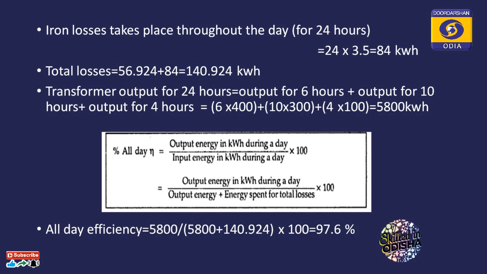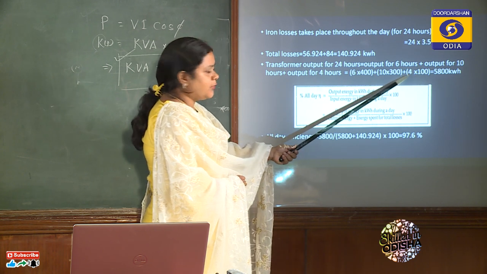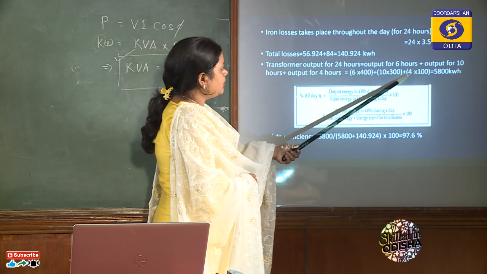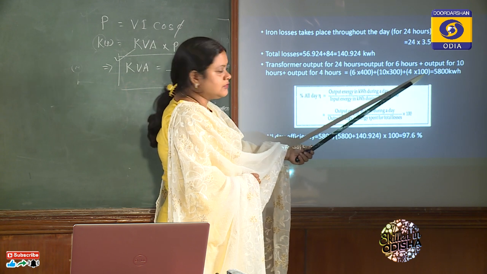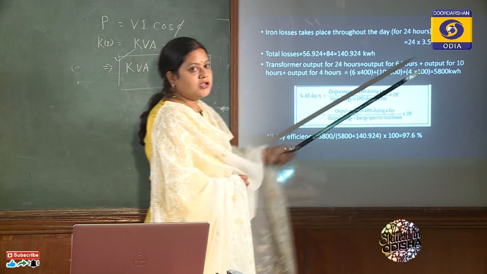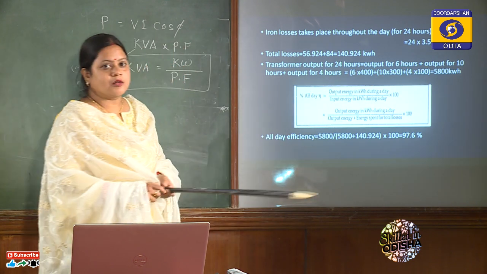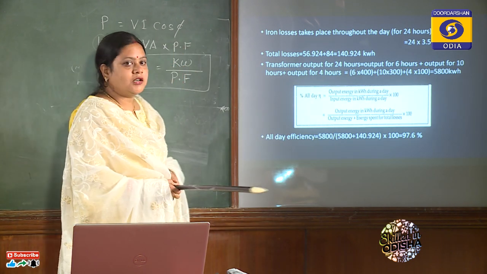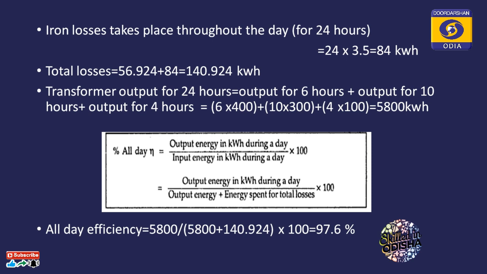Then again 300 kilowatt for 10 hours, so it will be 10 into 300, plus 100 kilowatt for 4 hours, so that will be 4 into 100. That is equal to 5800 kilowatt hour. So this is the total output energy in kilowatt hour for this given load.